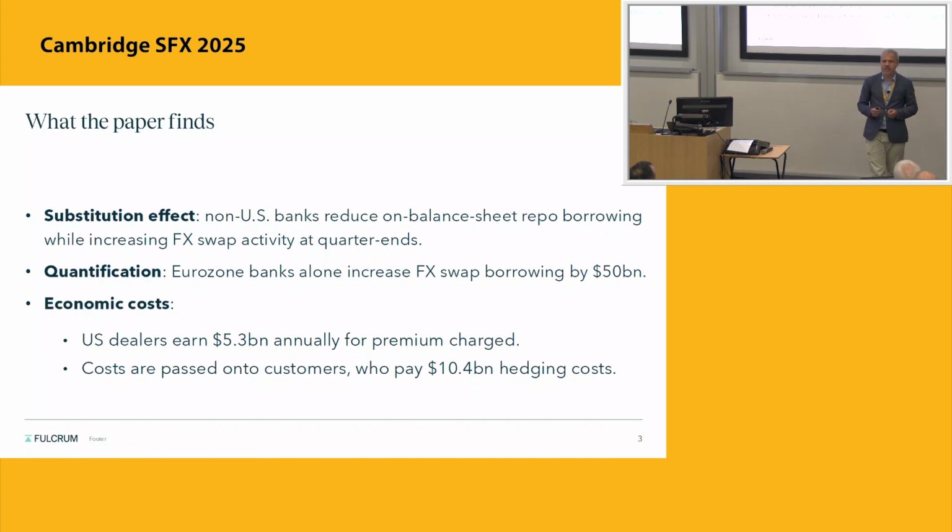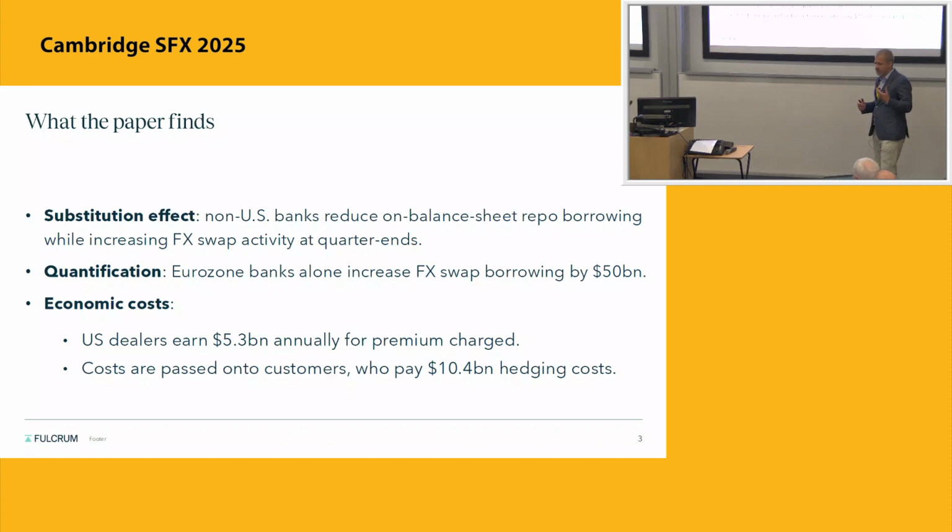What do we find? We find evidence of a substitution effect. This, I would say, is the main new finding. They find that non-U.S. banks reduce on-balance sheet repo borrowing while increasing the synthetic dollar funding at quarter ends. In terms of how big the effect is, they find that this is about $50 billion for Eurozone banks alone.